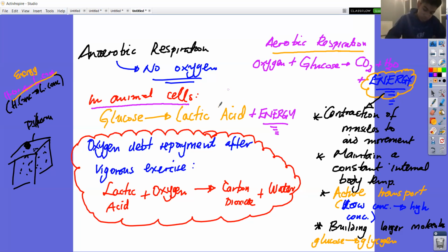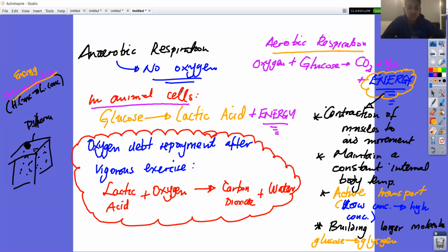Also note that some bacteria, now I'm talking about prokaryotes, when they respire anaerobically, also produce lactic acid, okay? So for example, bacteria that are used to make yogurts. Did you know yogurt is made from bacteria? Yes.